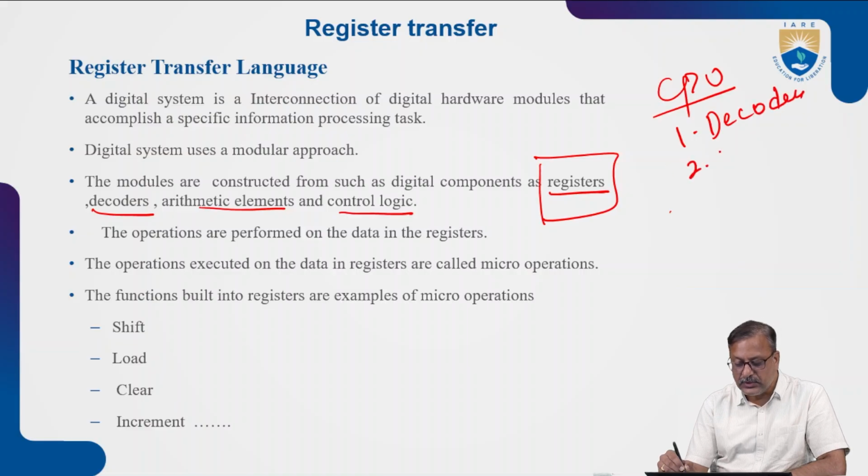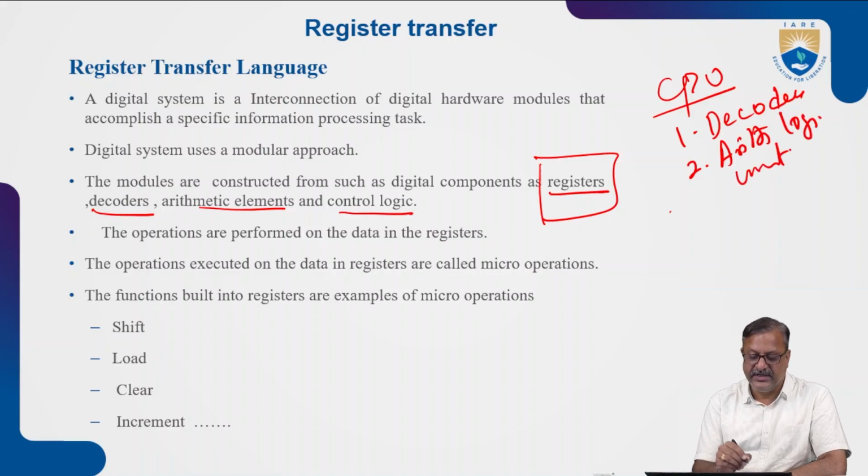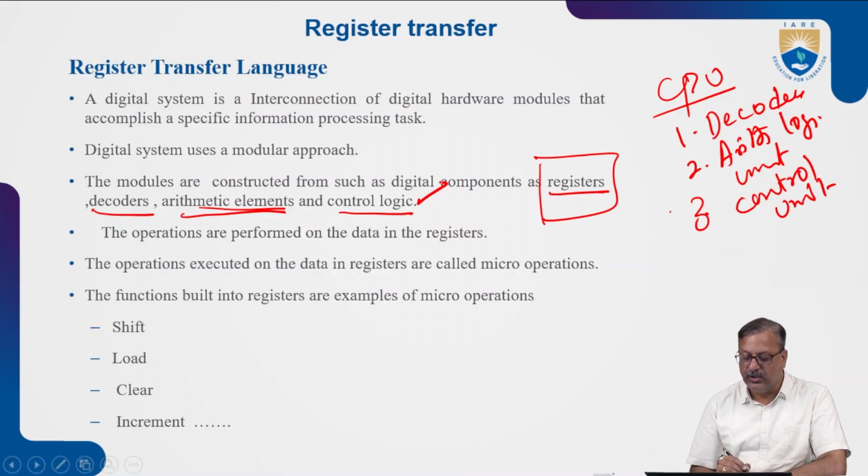The second one is the arithmetic logic unit, defined here as arithmetic elements. The third one is the control unit, defined here as control logic. And the main thing on which the data operations are performed is registers.